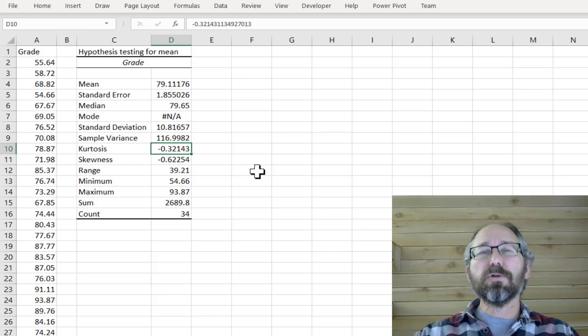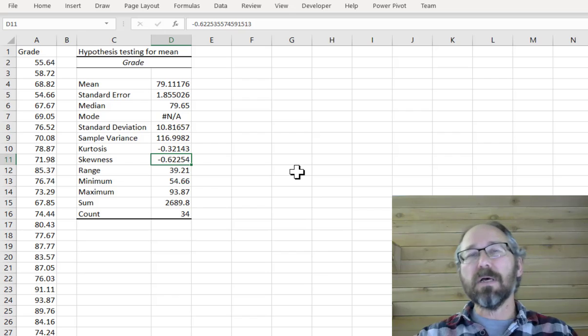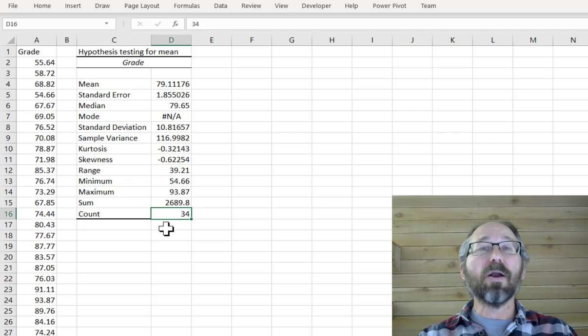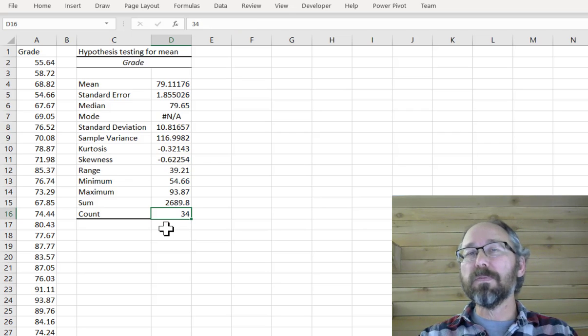Also notice that our kurtosis and skewness are both quite small, so these lend themselves to thinking about whether this is normally distributed data or not. Our count is 34. And we know from the central limit theorem that if n, the count, is greater than or equal to 30, we can treat this as normally distributed data, which we will.